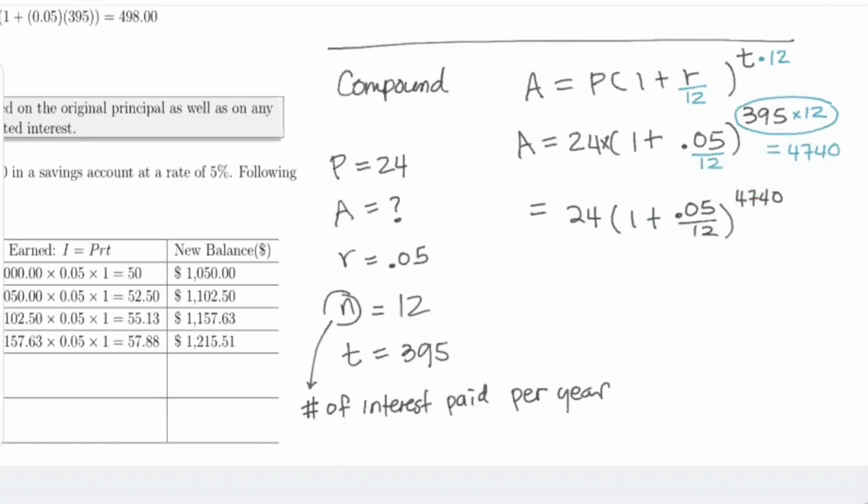Do we understand how we get 4,740? Now, you have a calculator. I'll give you a minute to find the number. Whoever has it, please read from your screen so we can share.